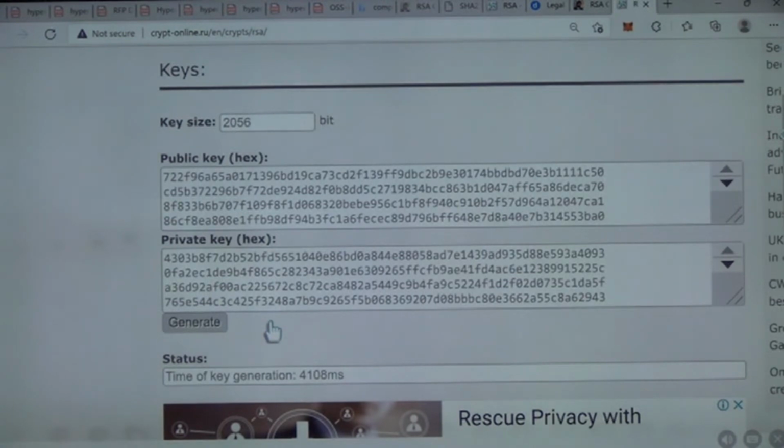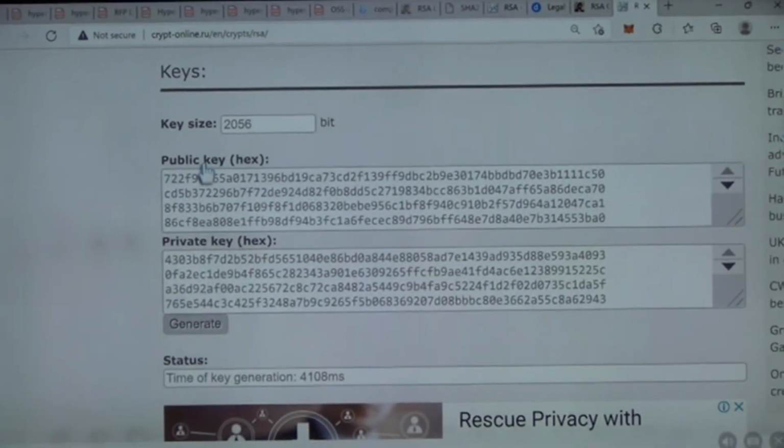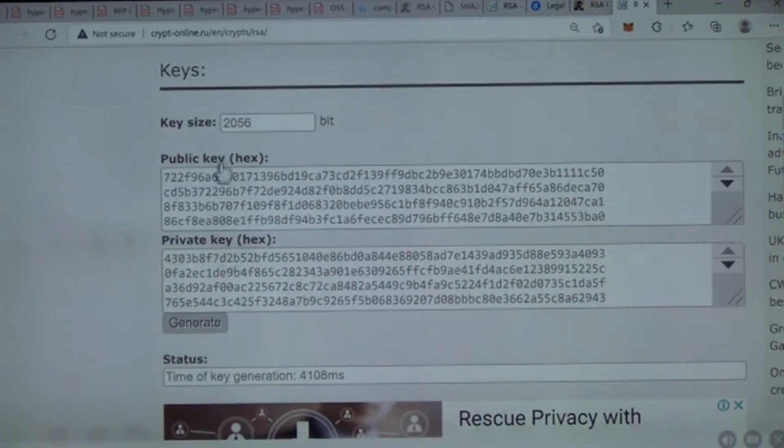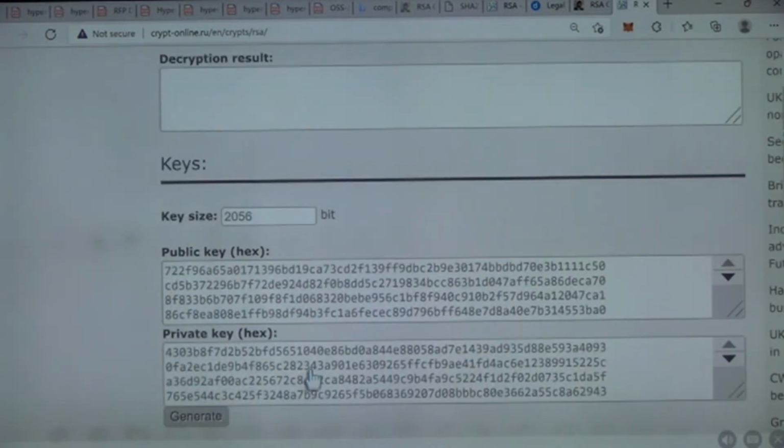Minimum is 512 bit to be just safe, but you can have even a larger key. So this is your public key and this is your private key. So you have two keys that you have generated, and this is the time it took to generate. We have seen that it has taken the utility considerable time to generate the key.